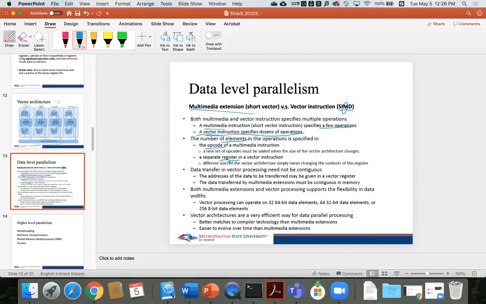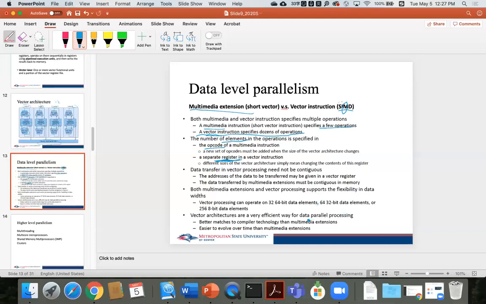So how much data we can process depends on the hardware architecture, on the number of special registers in the vector architecture. Both of them have flexibility in the width of the data, right?